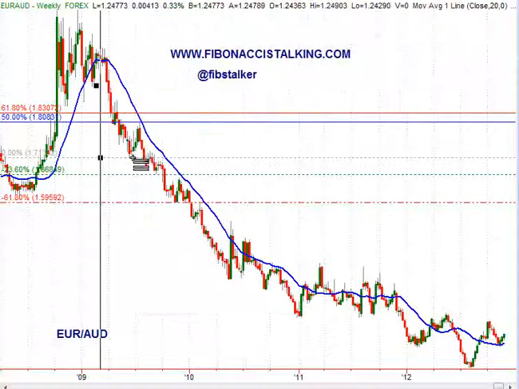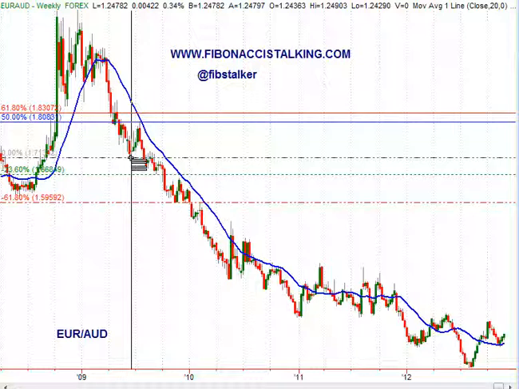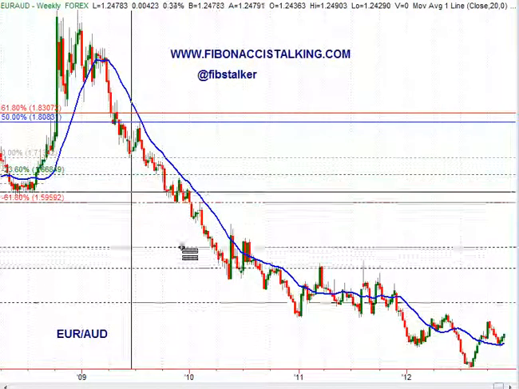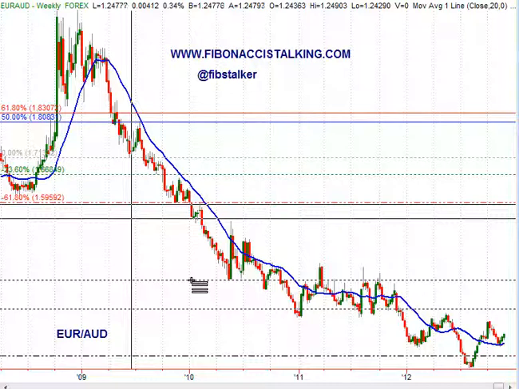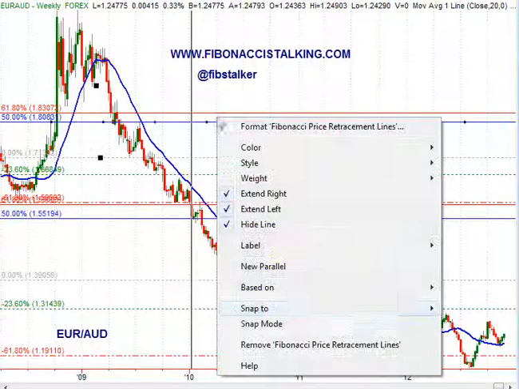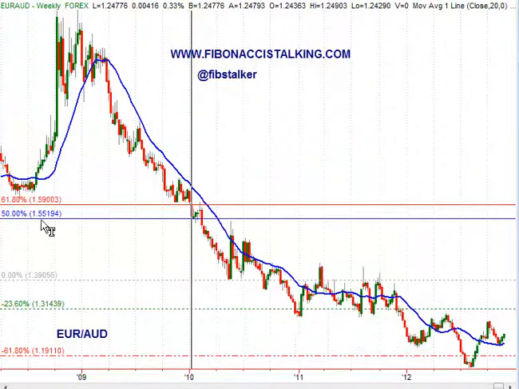So the euro lost again against the Aussie dollar here, and again we had this resistance level in 155, and again first target hit, and finally second target hit here.